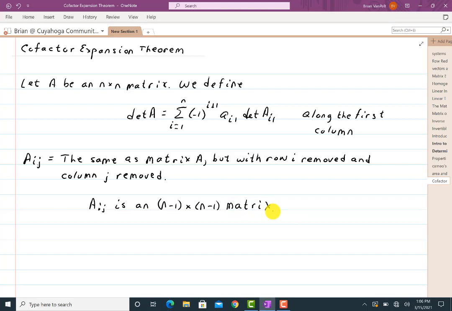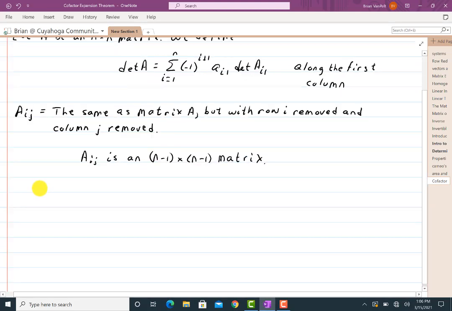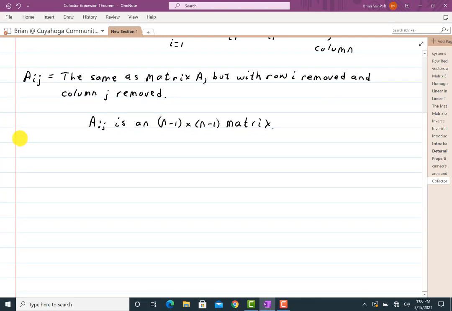All right, before I state and prove the cofactor expansion theorem, let me write down the assumptions. These are things that can all be proven pretty easily.